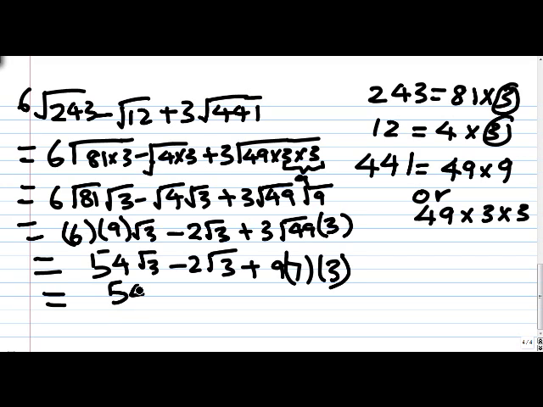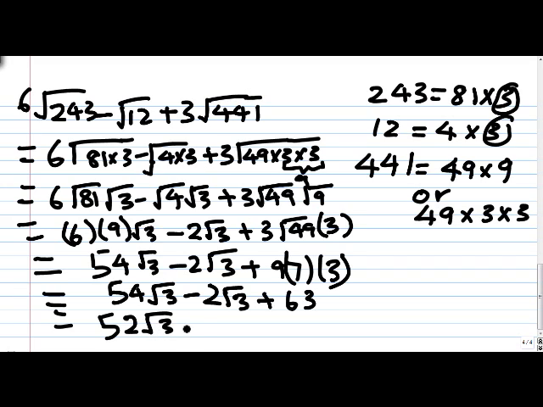Can you see it's actually looking simpler? 54 square root 3 minus 2 root 3 plus 63. And then you get 54 minus 2 is 52 root 3 plus 63. That's your answer.